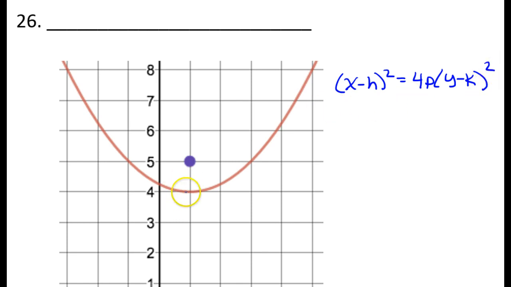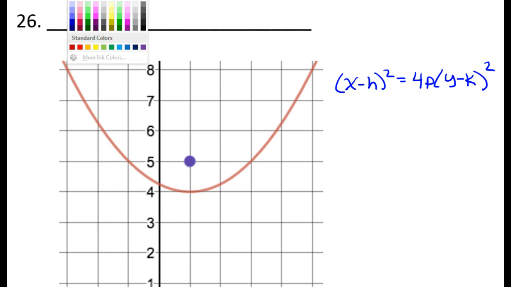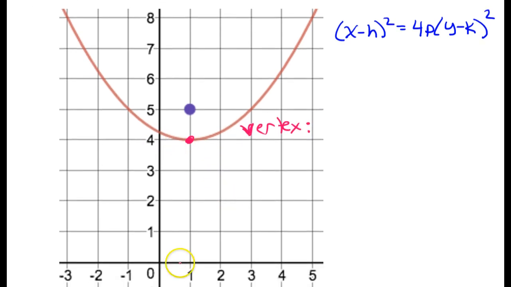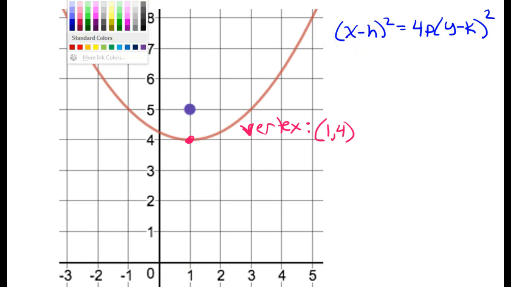So we can already tell what the vertex is. The vertex is right here, and the coordinates of the vertex are, let's see, so 1, 4. All right, that's my vertex, 1, 4. So I can go ahead and fill in the parentheses.